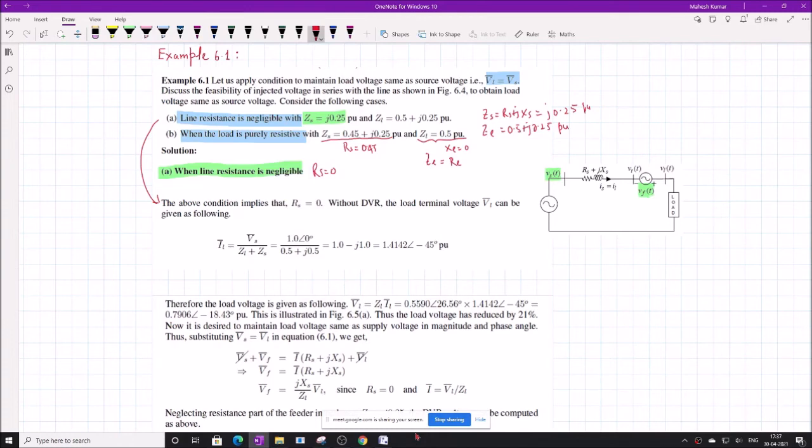So this voltage divided by the whole impedance, this impedance and this impedance. So this is ZL, this is Zs. Therefore, the IS will be Bs by Zs plus ZL. Same thing is here. Substitute their values. You will find the current is 1.4142 angle of minus 45 degrees.